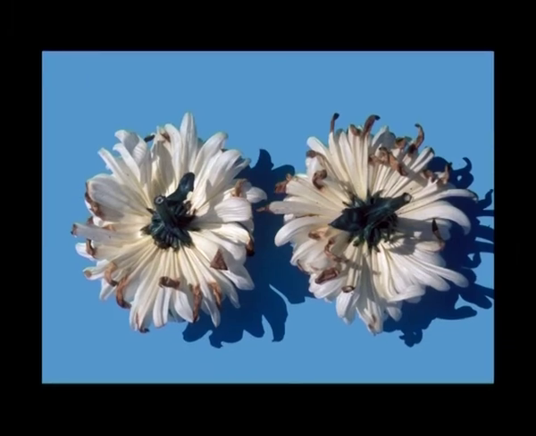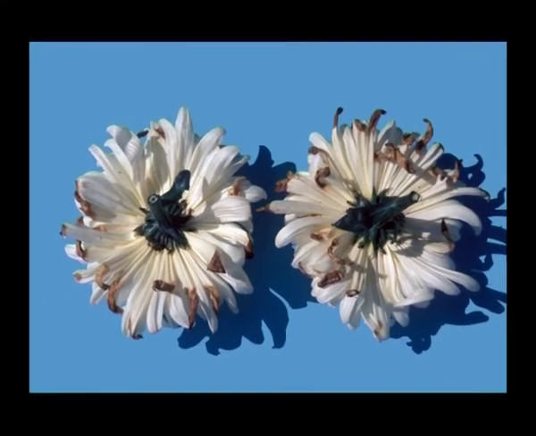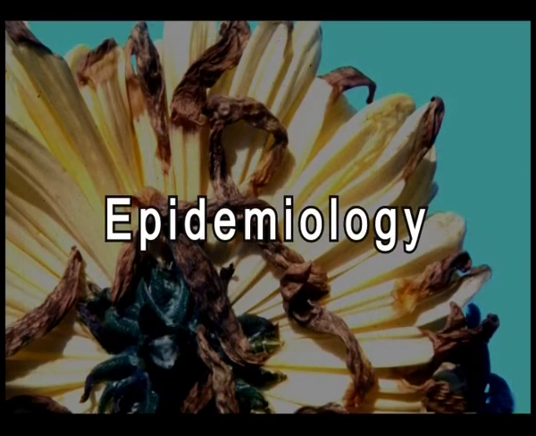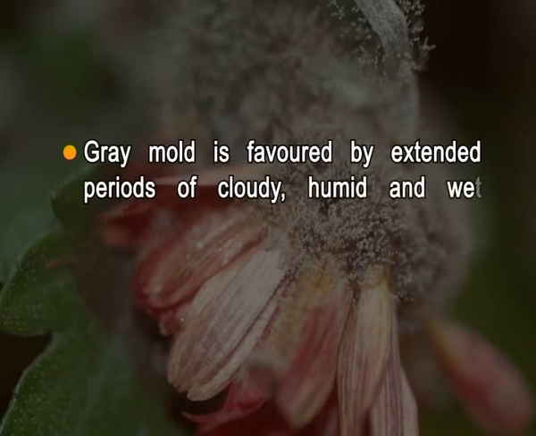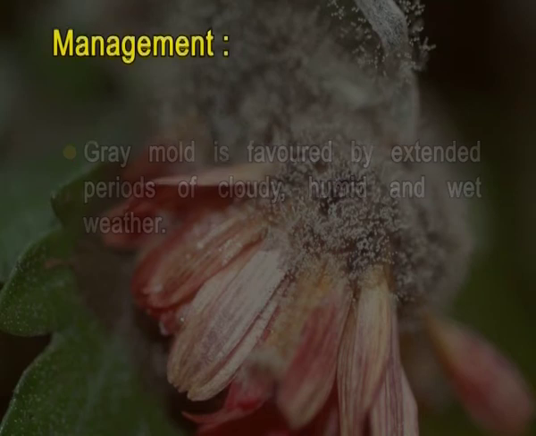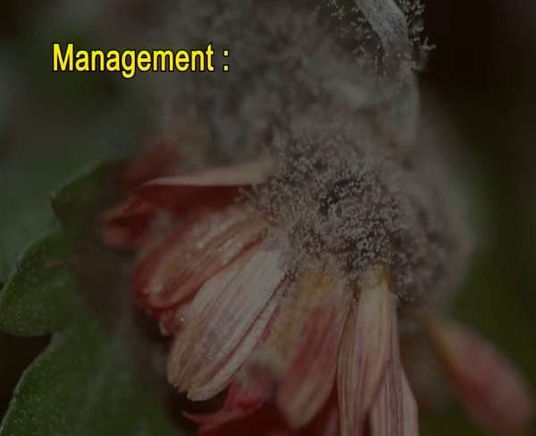Senescing tissues are most susceptible. Now let's see the epidemiology of grey mold. Grey mold is favored by extended periods of cloudy, humid and wet weather. So this is about the epidemiology of grey mold. Now let's see how to manage this disease.